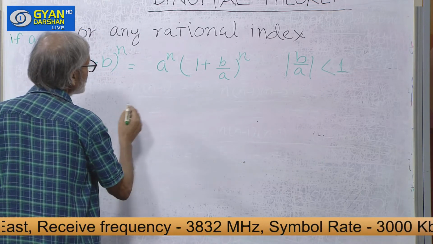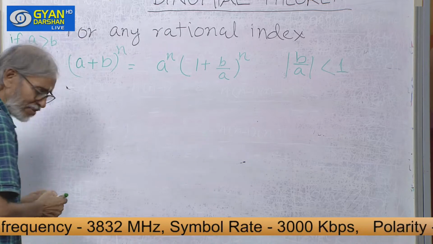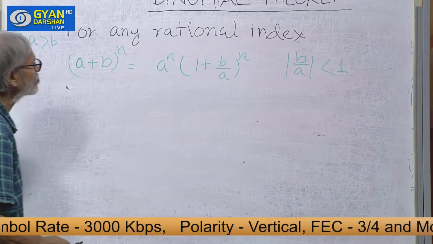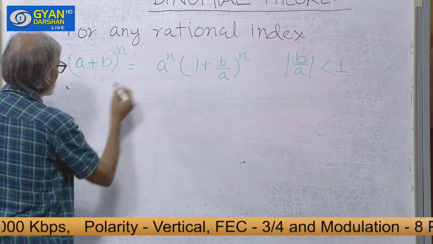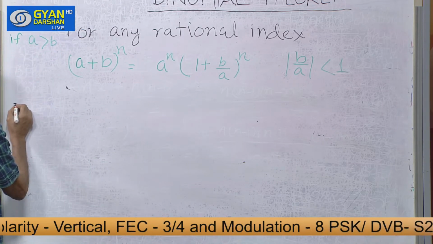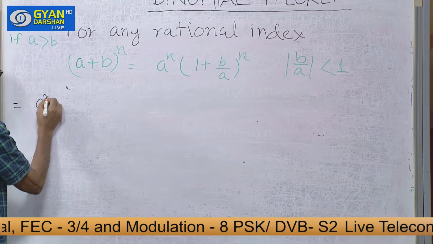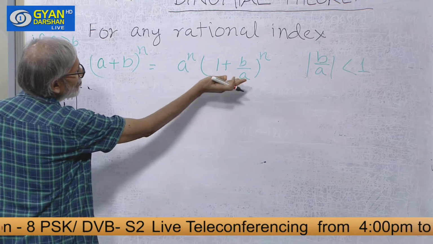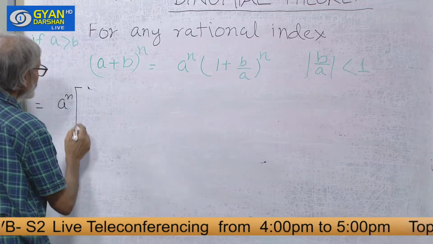So, its expansion would be, this A^n we can take outside, and within brackets 1 plus x to the power n expansion we know.